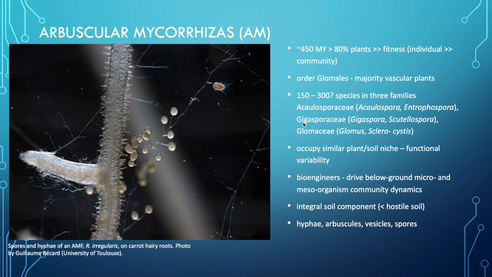In fact, I think this is a little mite there that you can see, and these are spores being produced straight from the hyphae of the actual mycorrhizal fungi, and it is growing on a carrot root in culture. That's why it's nice and clean.